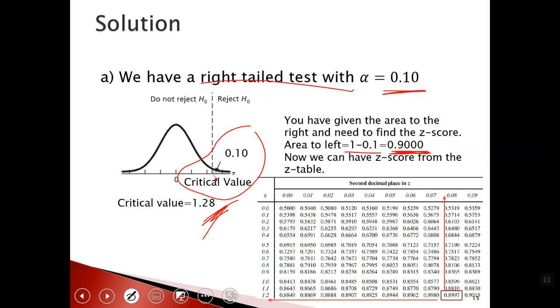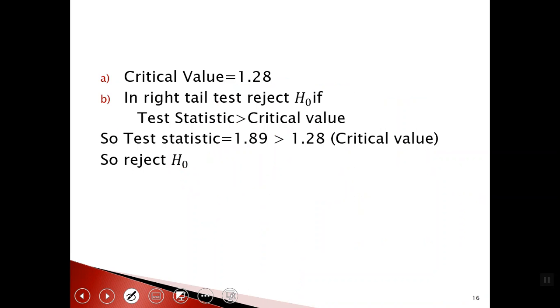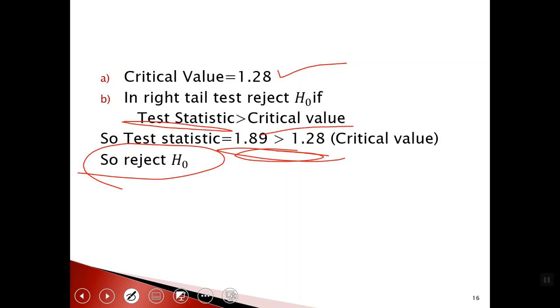Now you can compare. The critical value is 1.28. Your test statistic value is 1.89. I think it is greater than the critical value, which means reject the null, because this is within the rejection region. Your value is somewhere here, so you have to reject it. Clear?